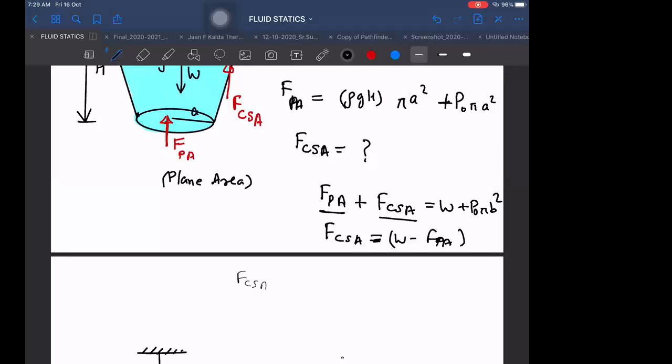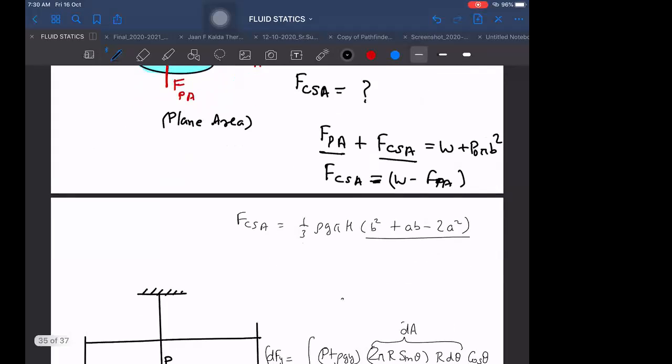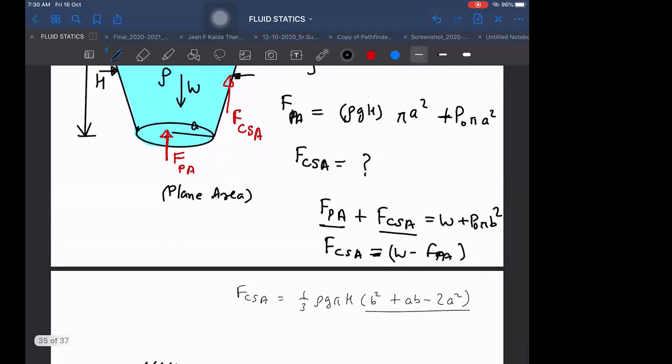One third rho g pi h into b square plus ab minus 2a square. I want to check whether this term will become negative when b becomes less than a, sir.